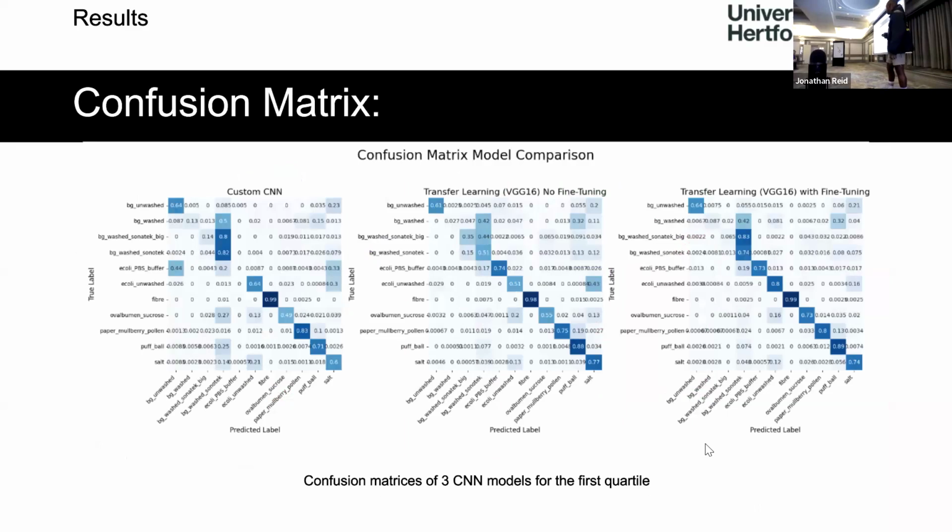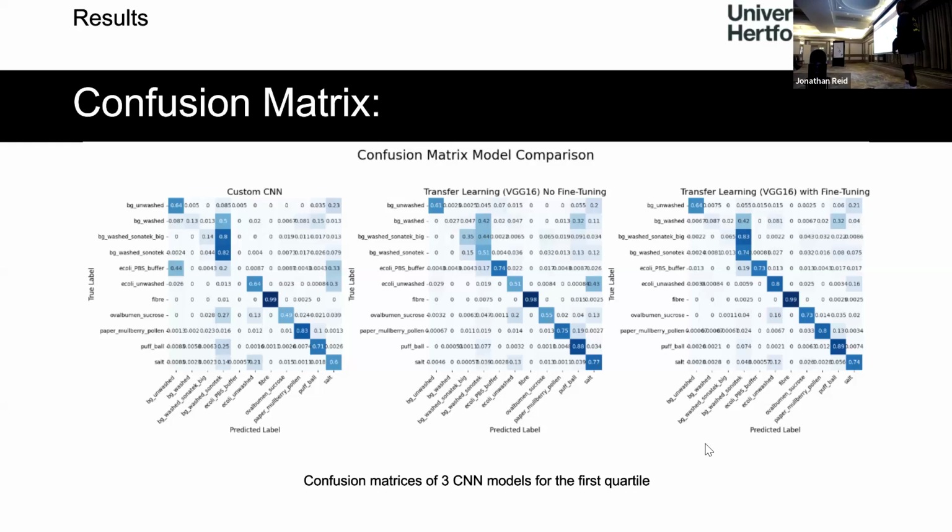This is a confusion matrix. I know there's a lot of stuff going on here. There are a lot of numbers in here. A confusion matrix, for those of you who do not know, is a measure of how confused your model is. The diagonal that you see, pronounced in darker blue, is effectively the thing that you want.